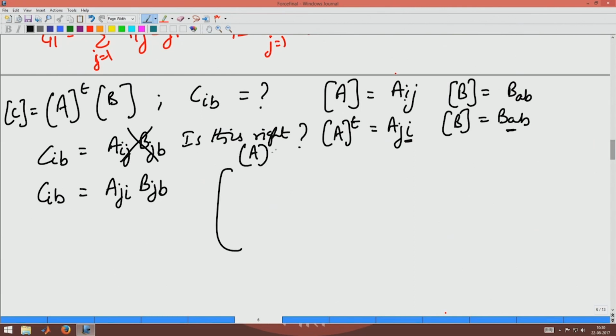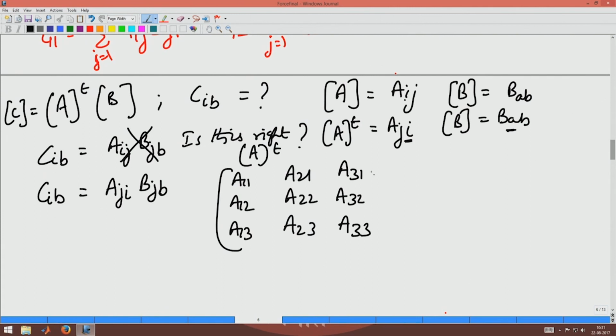A transpose would be A11, A12, A13, A21, A22, A23, A31, A32, A33. Here the meanings of the indexes are changed, so that is why the first index is the row index.